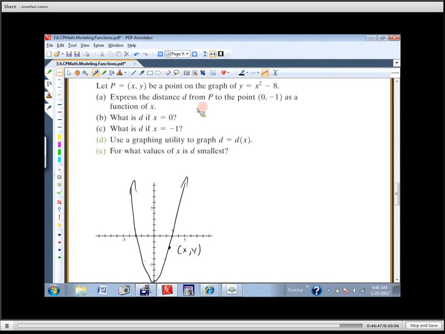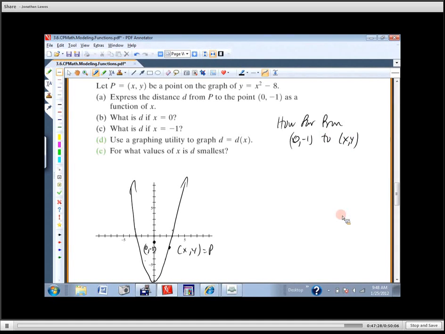Express the distance d from the point P to the point 0, -1 as a function of x. Okay, so let's see, 0, -1, right here. So we're basically asking ourselves, how far is it from here to here? So how far from 0, -1 to x, y?